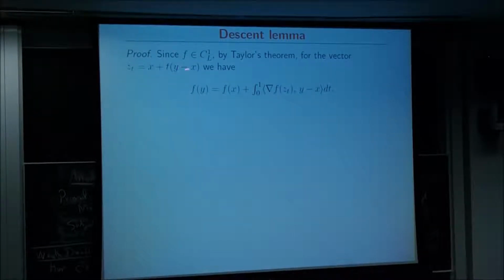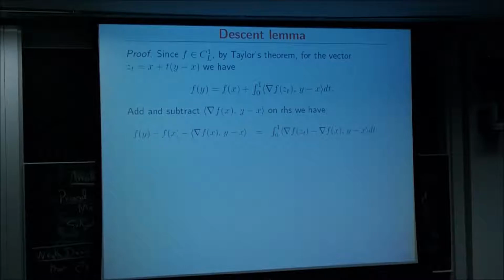So if f is CL1, it's once differentiable, so you can take a Taylor expansion. So you expand f around point x. You write that integral form of Taylor expansion. Now, after that, just a few simple steps of algebra. There are various ways to do that.